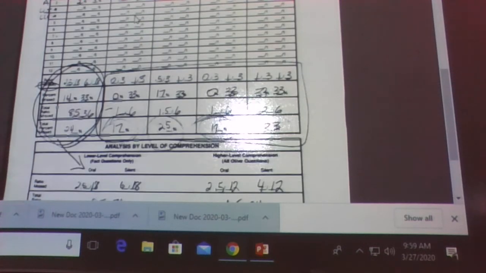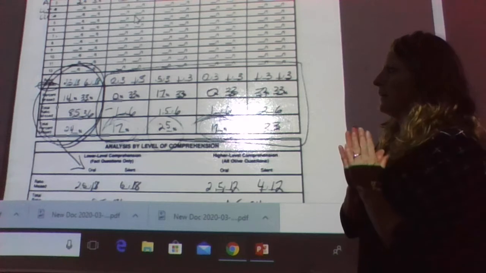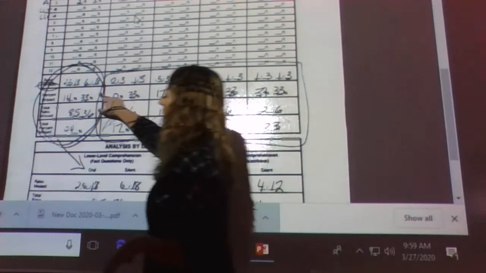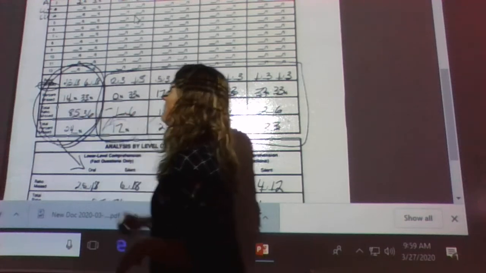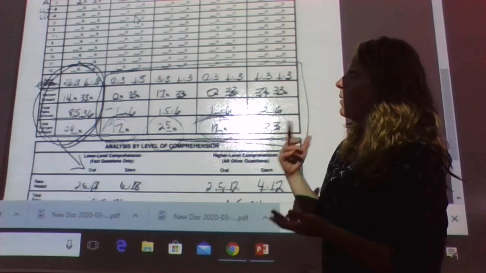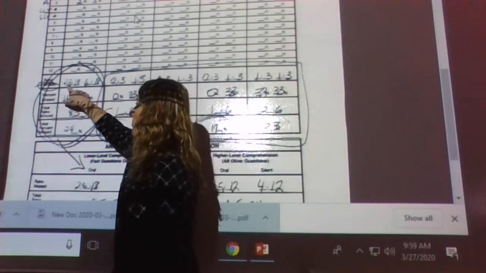So we're looking at ratios here. And again, this is going to be a little difficult to see because we have such tiny print. But what I did up here is I added all of the errors that he made orally that were factual. So there was 0 plus 0.5 plus 2, so I came up with 2.5.